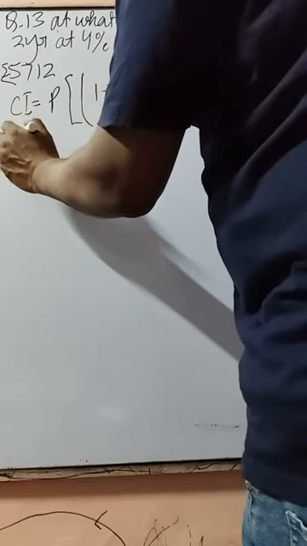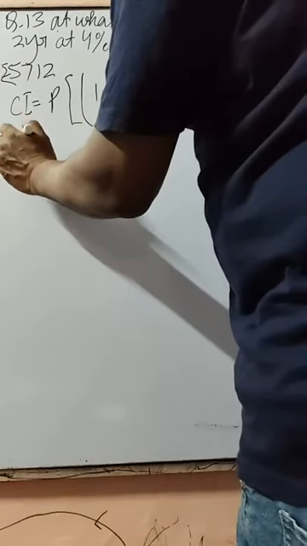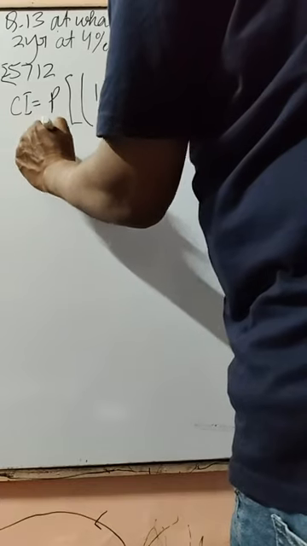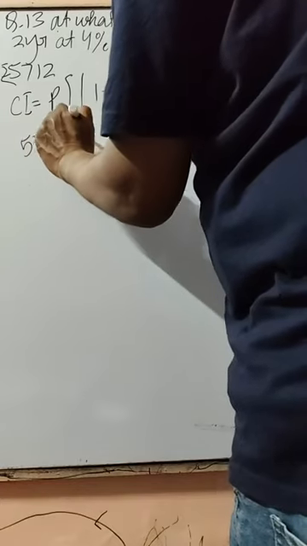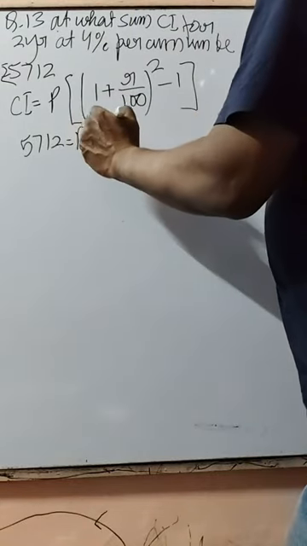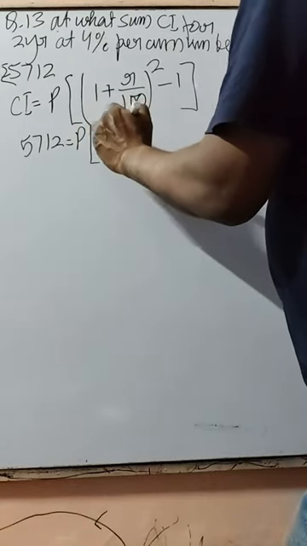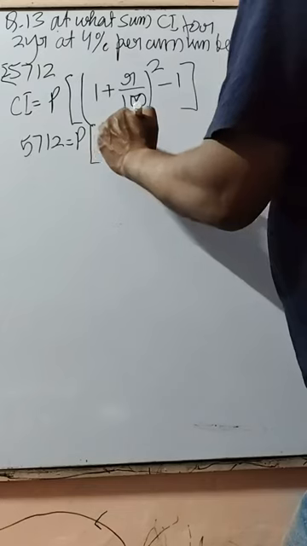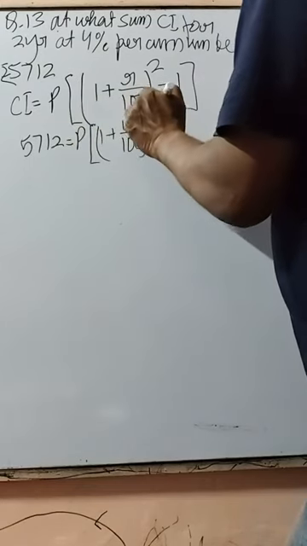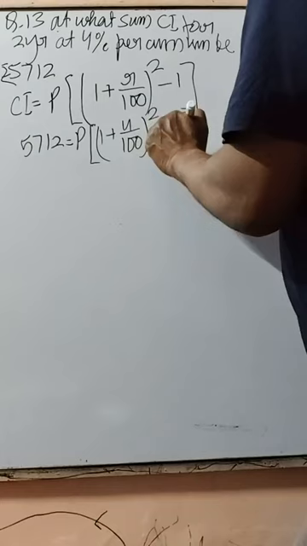So 5712 is equal to P bracket 1 plus 4 upon 100 raised to the power 2 minus 1.